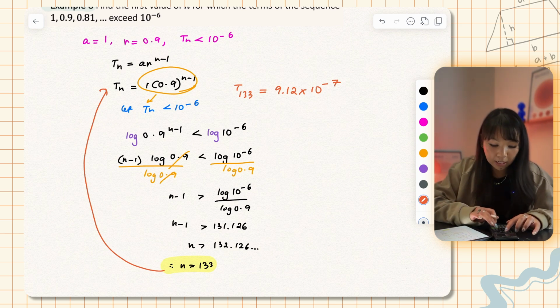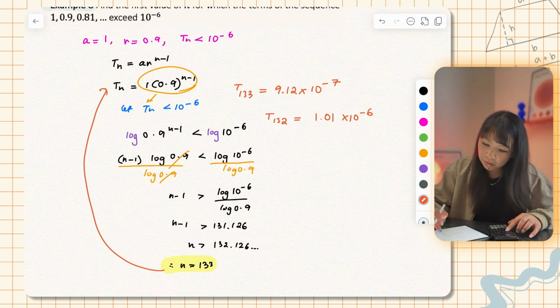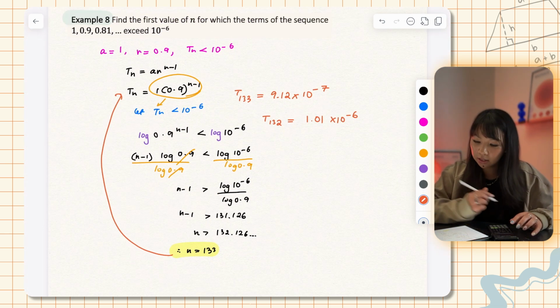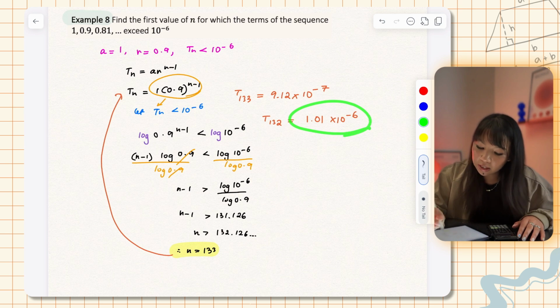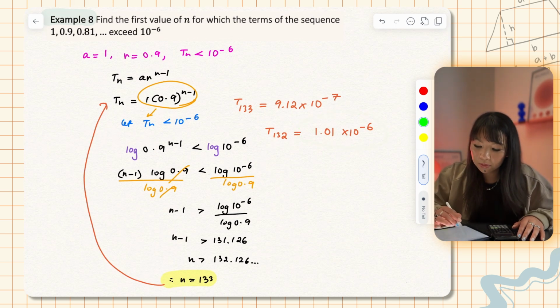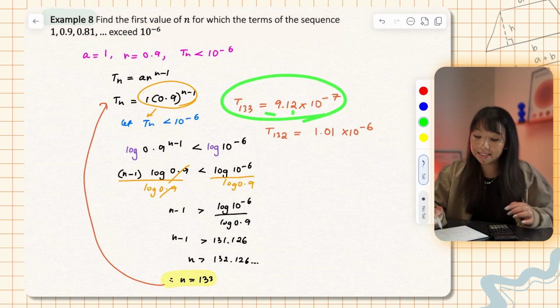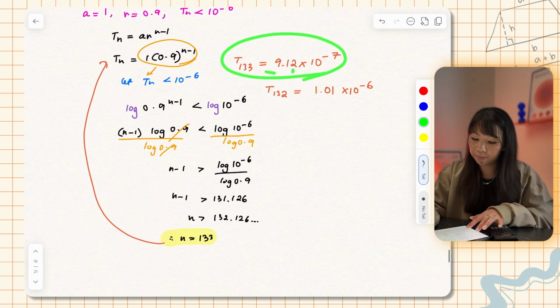Okay, now if I test the one before it, 132, we get 1.02 times 10 to the power of negative 6. So this is essentially right before this point. But I want to exceed it. I want to go smaller than that.